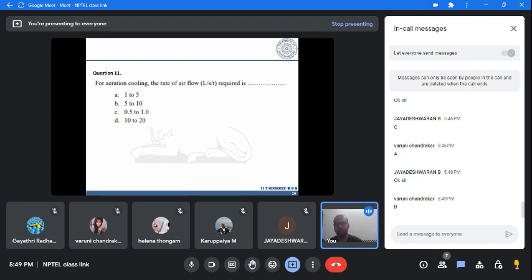Okay, Varun is saying 5 to 10 liter per second per ton. Anybody?